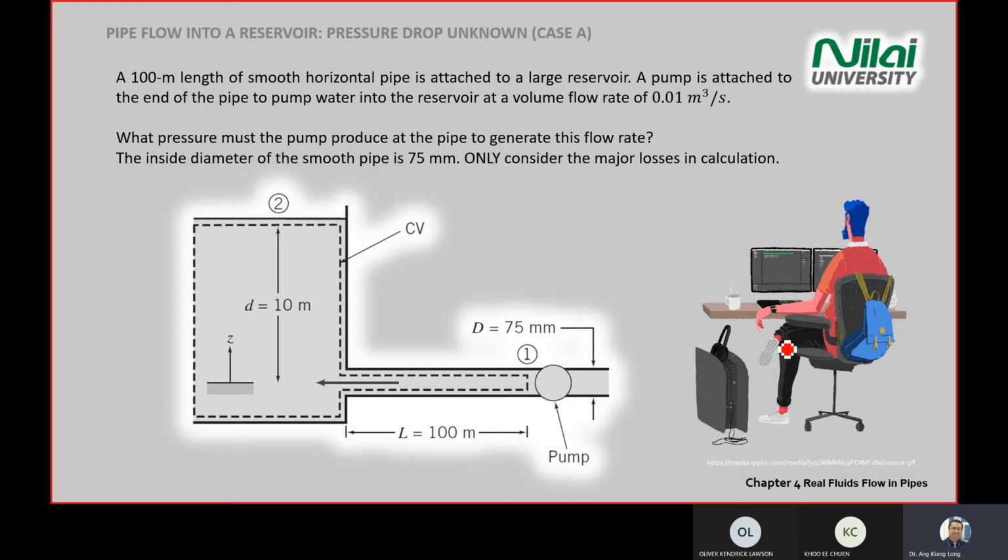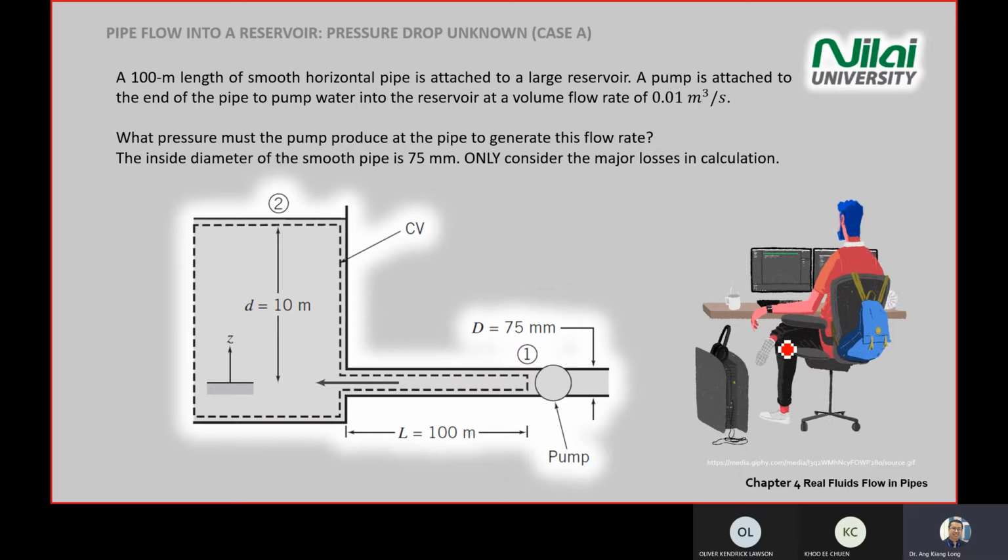The length between point 1 and the control volume, the big tank, is L equal to 100 meter, and the Z direction is given there. The volume flow rate is 0.01 meter cube per second.